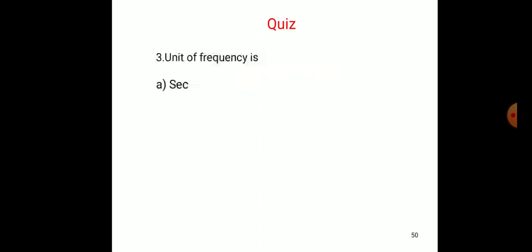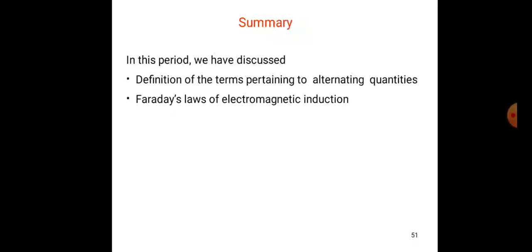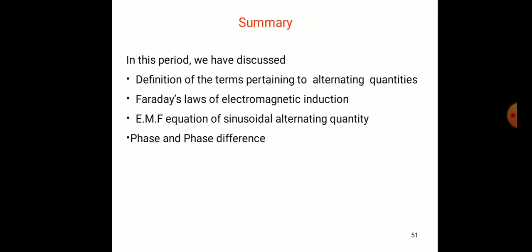The another question is, units of the frequency is, you can know the frequency hertz and cycles per second also, we can say both A and B. You see here. So what we discussed in these topics?